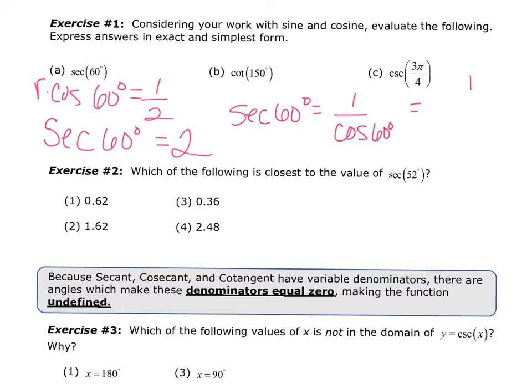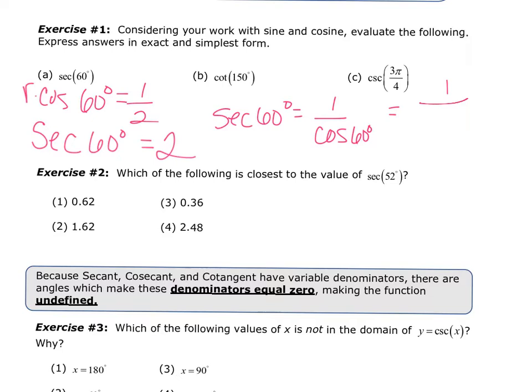So that would be 1 over the cosine, which we figured out was a positive 1/2. So then I'm going to do 1 divided by 1/2. The rule for division, or you could do it on your calculator, is keep, change, flip. So I get 2 over 1, which is 2. That's really what's going on mathematically. But as you can see, I got the same answer, so it's easier just to flip the original trig function upside down.